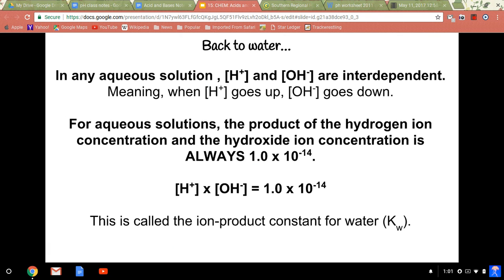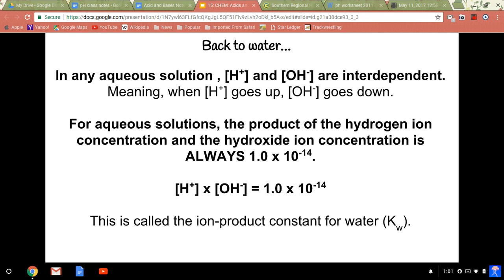All right, in any solution, the concentration of your hydrogen ions and your hydroxide ions are interdependent. So they depend on each other. If one goes up, the other one goes down. If the other one goes up, then the first one goes down. In aqueous solutions, so remember that means water-based solutions, the product of the ion concentrations is always 1 times 10 to the negative 14th, which sounds kind of crazy.